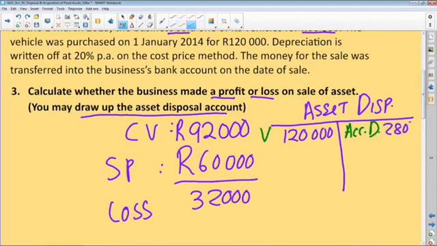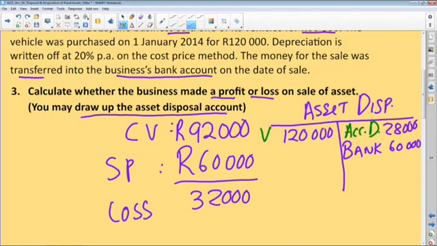Okay, so accumulated depreciation, an amount of 28,000. Right, the selling price, it was sold for cash. Remember, the money was deposited or transferred into the business's bank account. So the contra account, the other account affected in the general ledger, is bank, and the selling price, an amount of 60,000.